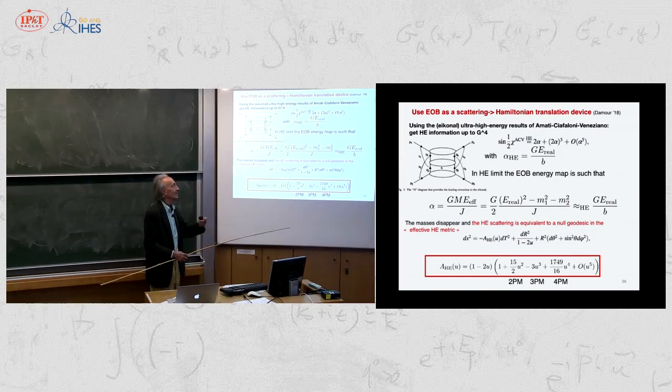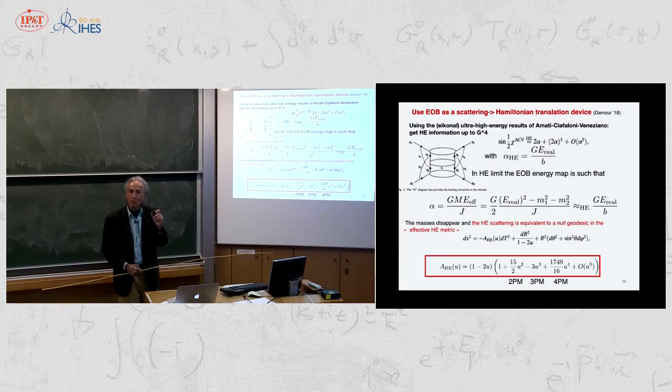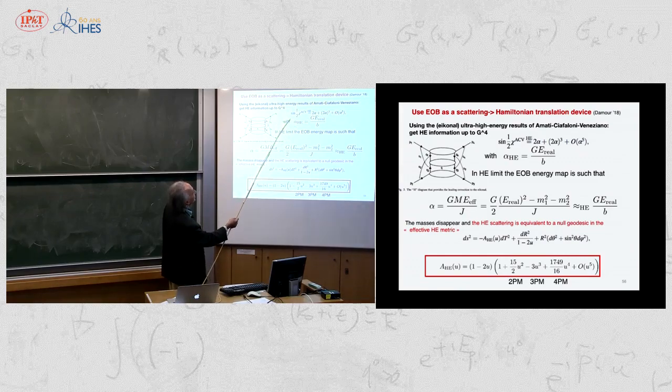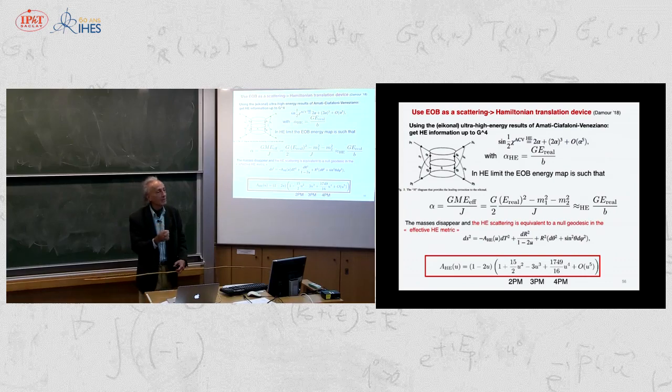This has already been done, starting from the two-loop computation of Veneziano and collaborators. By the way, this result is a two-loop result, but only in the ultra-high energy limit, which means you take a limit where many terms disappear, the masses disappear, you have only ultra-high energy things, so you get some information, but limited information.